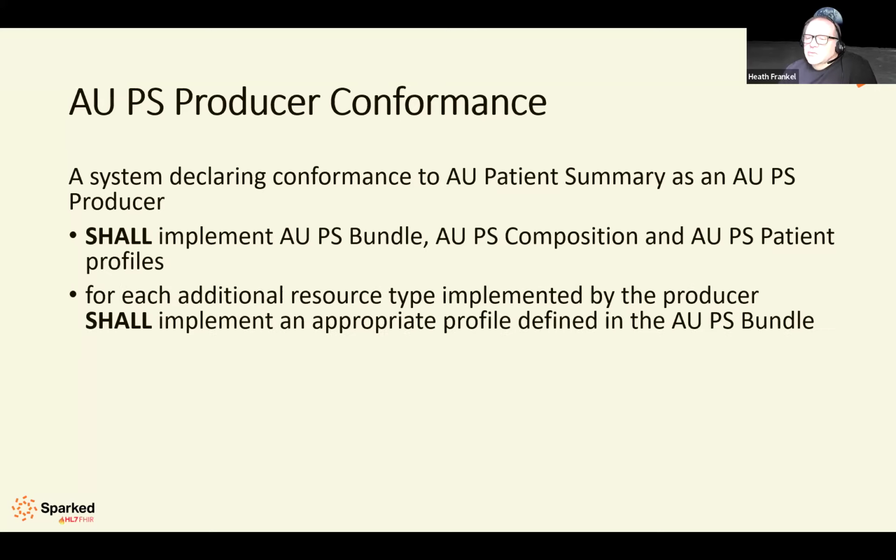And then each additional resource type implemented by the producer shall implement an appropriate profile defined in AUPS Bundle. So for any other resource type that you implement, you shall use the profile that is referenced from the AUPS Bundle.